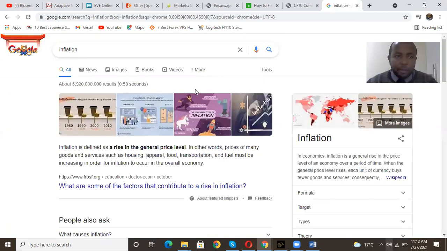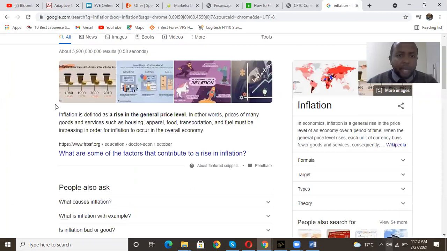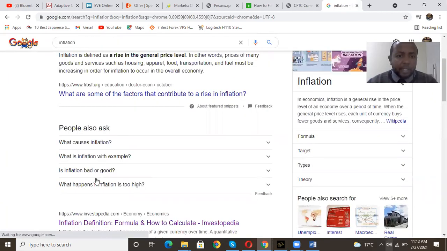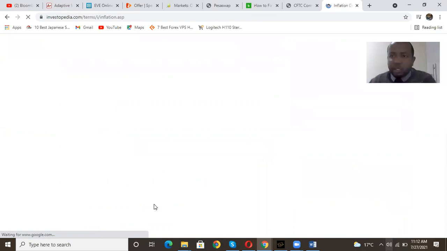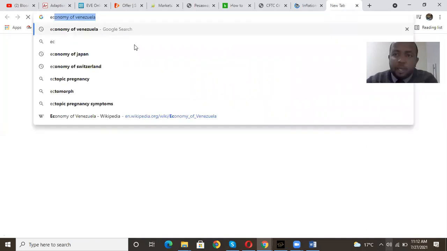This is one thing we'll also be tackling in fundamental analysis. So let's go to Investopedia. What is inflation, guys? We are going to look at this in relation to an economy that has not been doing very well. Let me show you guys, it's the economy of Venezuela.